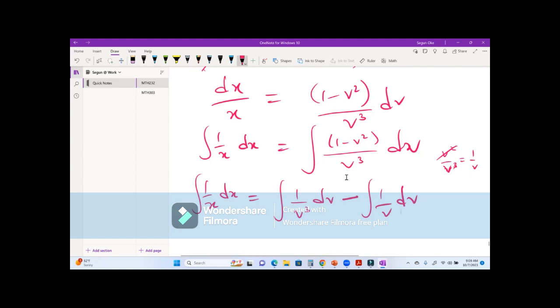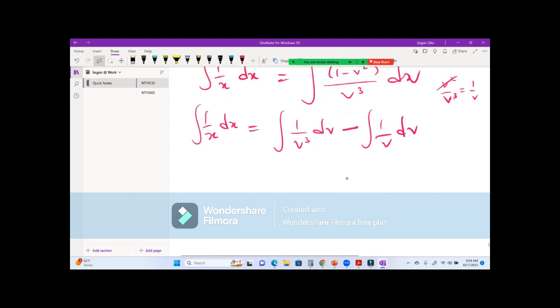So here what we have is ln x equals to what? Ln modulus of x, because of the nature of the integral.